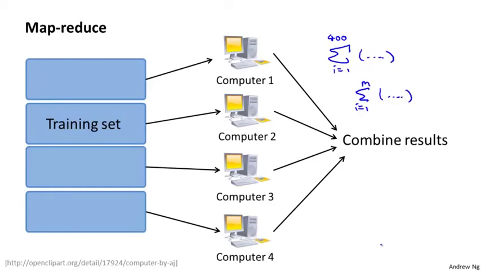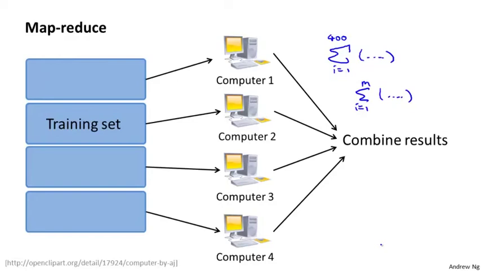In particular, if there were no network latencies and no cost of network communication to send the data back and forth, you can potentially get up to a 4x speedup. Of course, in practice, because of network latencies, the overhead of combining the results afterwards, and other factors, you get a slightly less than 4x speedup.